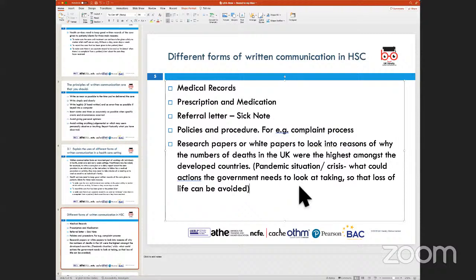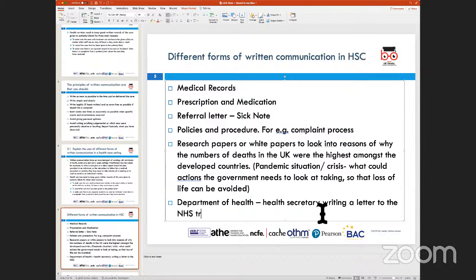And sometimes we look at communication from the Department of Health. So for example, the health secretary writing a letter to the NHS trust, or say, for example, any other healthcare bodies.